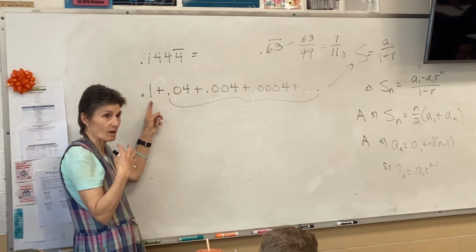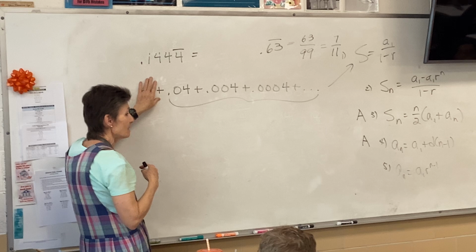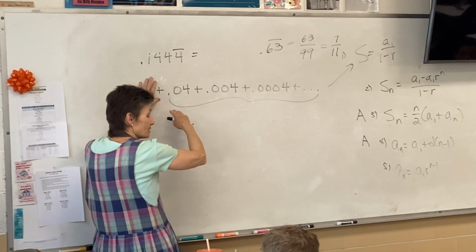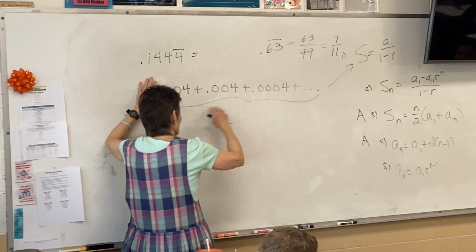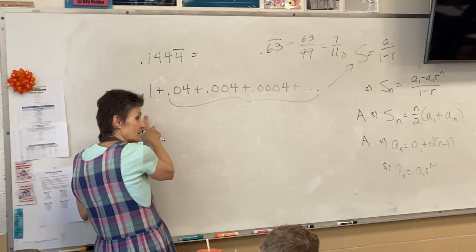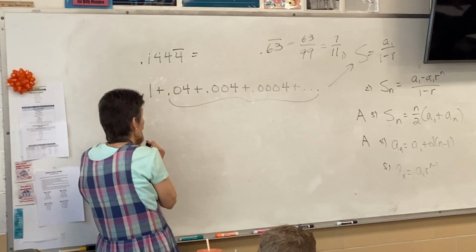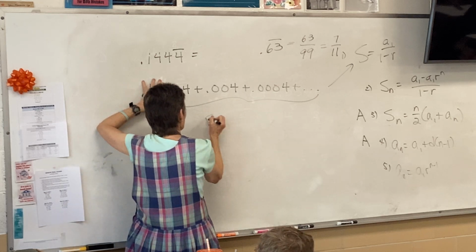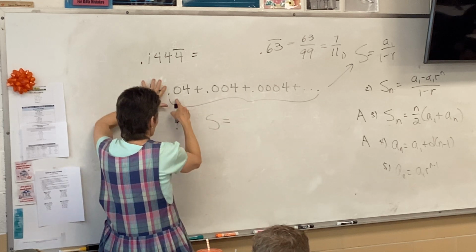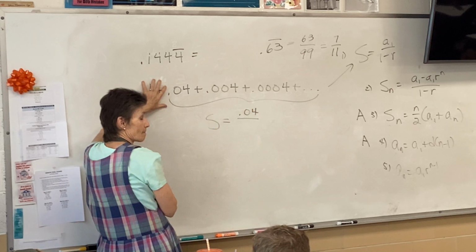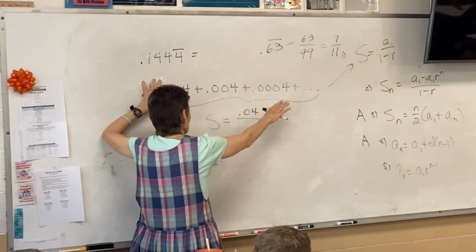It's extra. So we're going to set it aside, and we're going to figure out what this is. And then when we get that figured out, we will add back in the 1/10. Okay? So here we go. Geometric sequence. First term is 0.04. I'm only adding up the part with the 4s.